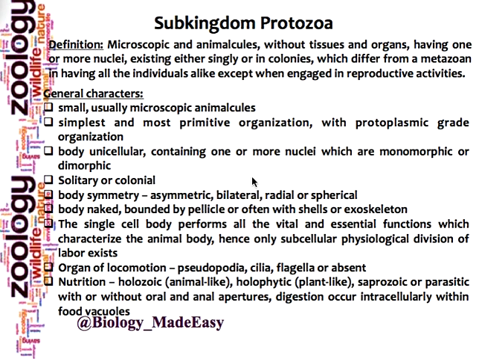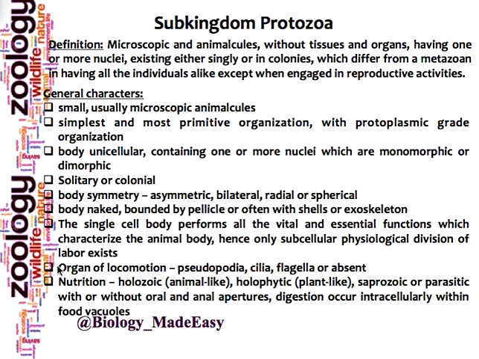So all these four kinds of symmetries are available in subkingdom Protozoa. The body may be naked or bounded by a thin membrane called pellicle, and the single cell body performs all the vital and essential functions. They have pseudopodia, cilia, or flagella as organs for locomotion, or the organ of locomotion can be altogether absent.